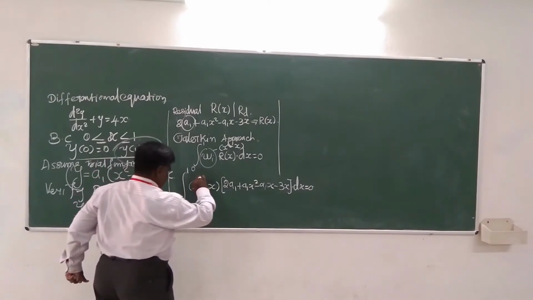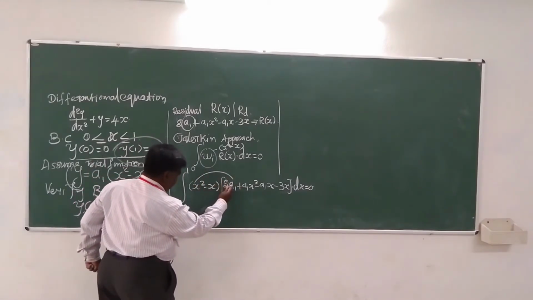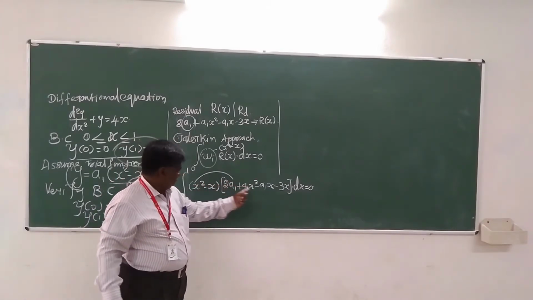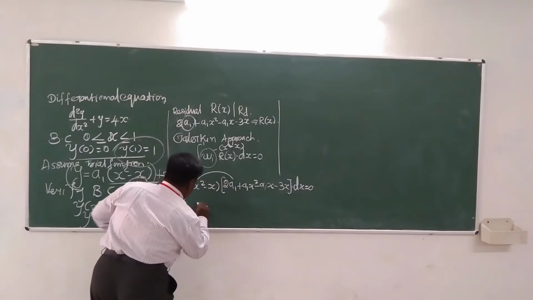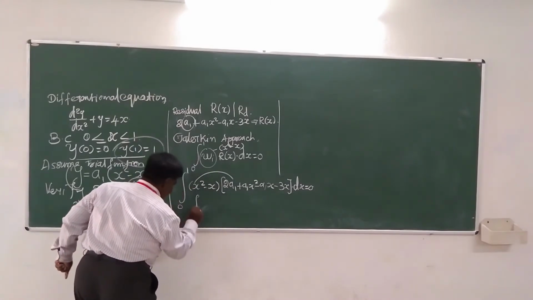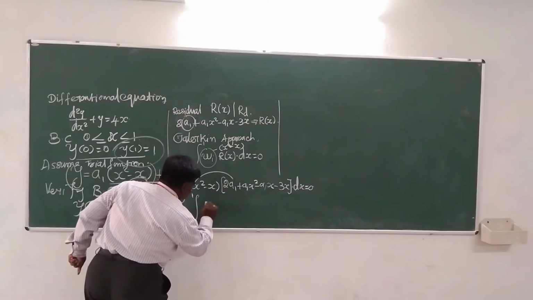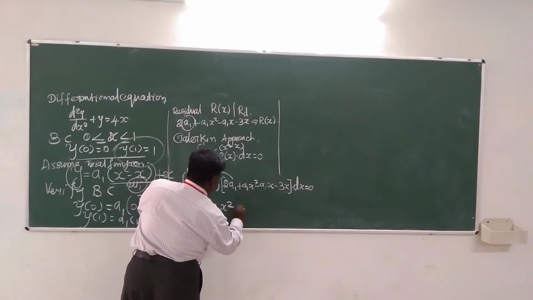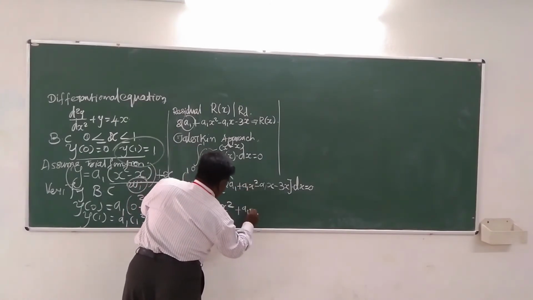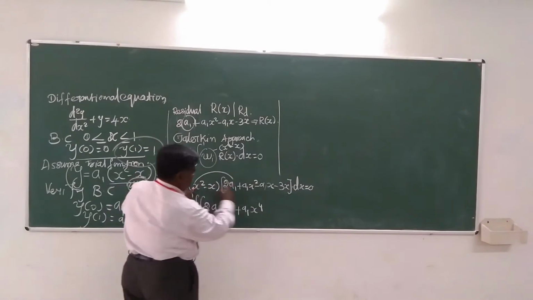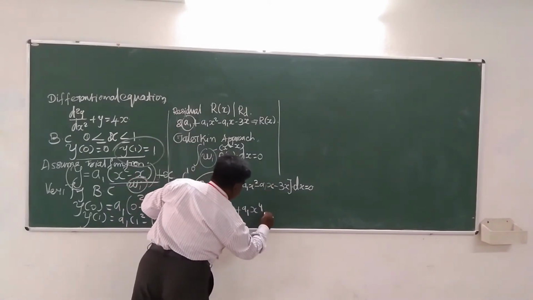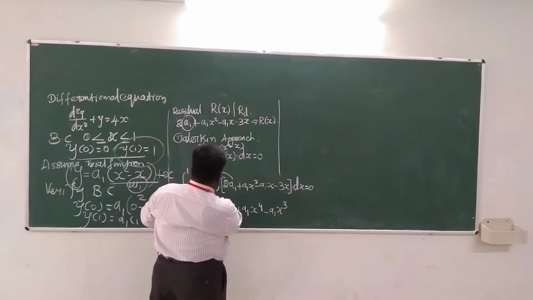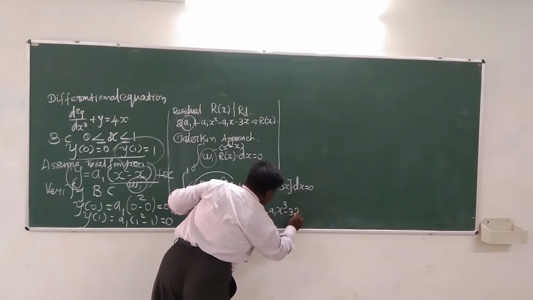So we have to multiply the term x square into 3a1 x square, into a1 x square, so x power 4. Then a1 x square into x gives x cube, minus a1 x cube, x square into x, minus 3 x cube.